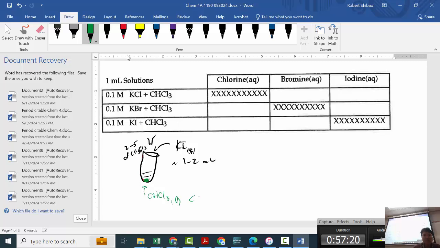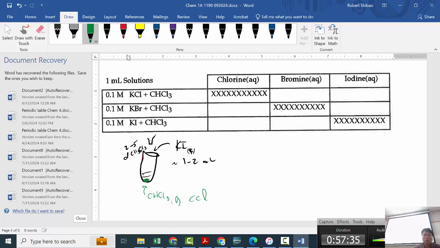It's a CCl. Do you know what CCl stands for? Clear colorless liquid.